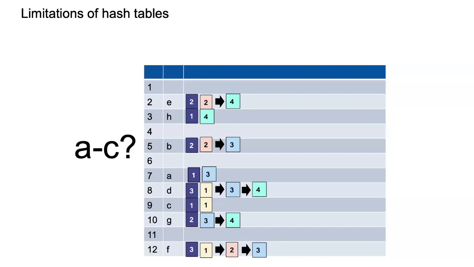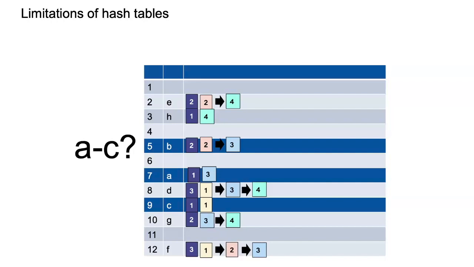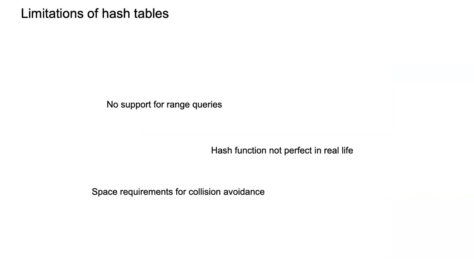So we are stuck here. And the problem is that this is an important use case because there are many cases in practice that will need range queries. And I'm going to even show you some of these use cases today. So this is a limitation of hash tables, that we cannot do this. We would have to manually look them up, assuming we know the list between them. So no support for range queries.